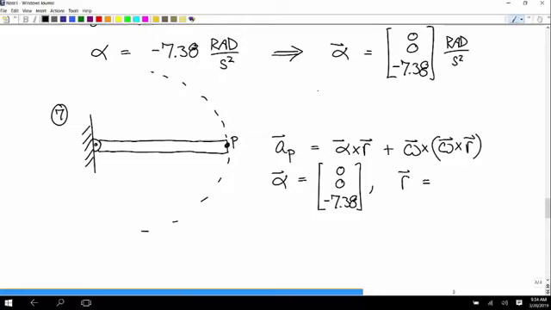So what's that vector? 2, 0, 0. And what's omega? 0, that's right. I said at the beginning that we're releasing this from rest. So at that instant, none of the points have any velocity yet, and the body doesn't have any angular velocity. So this is just 0.